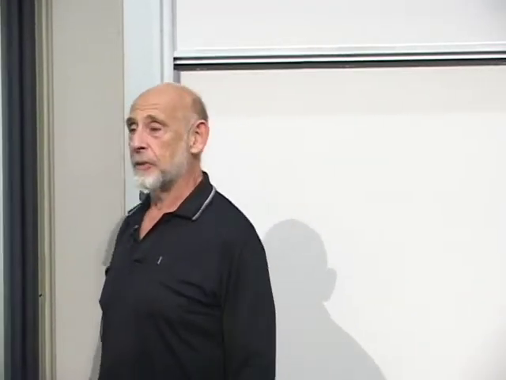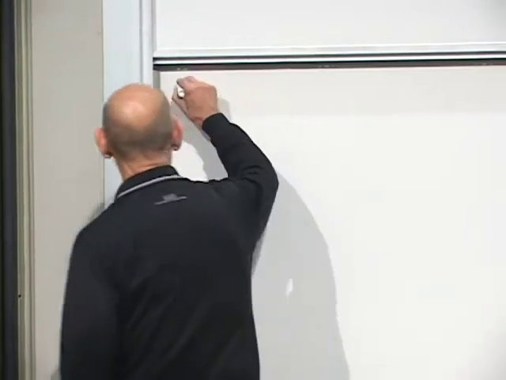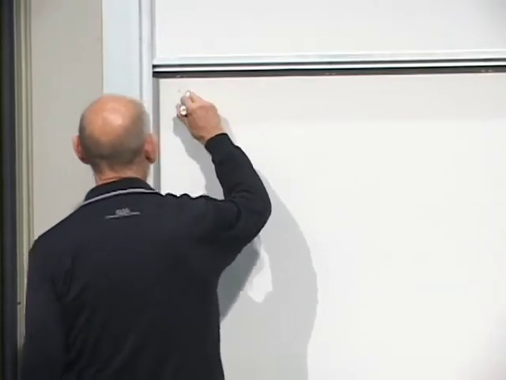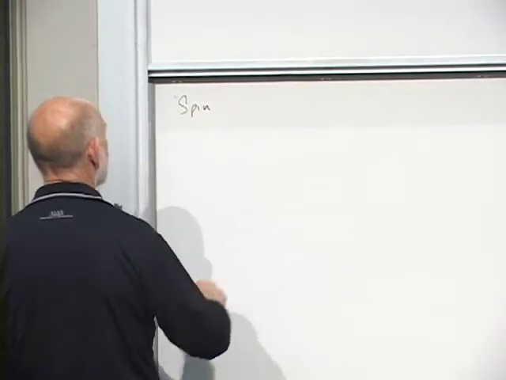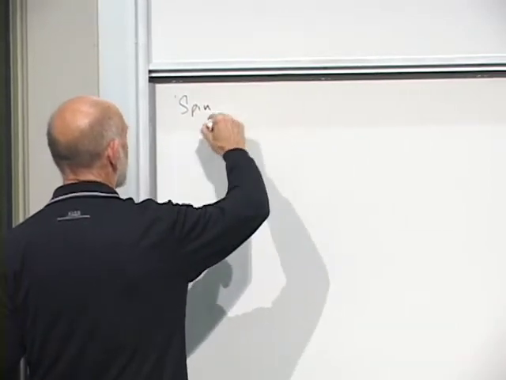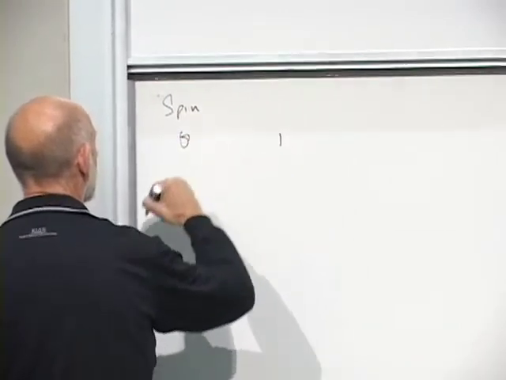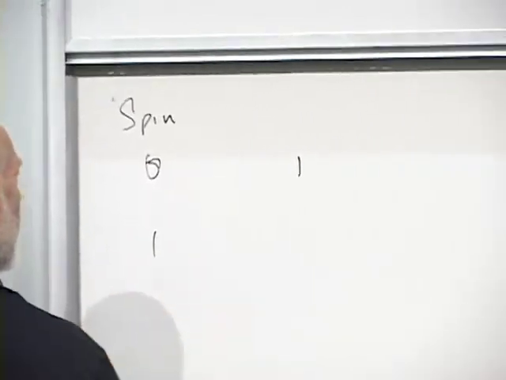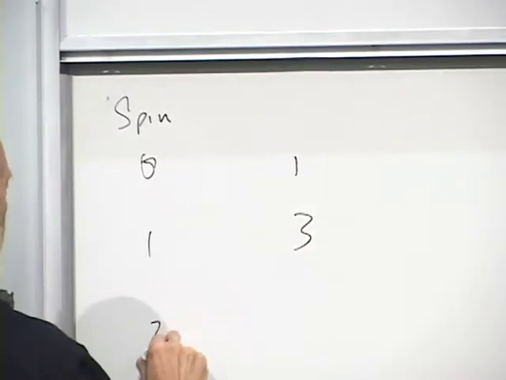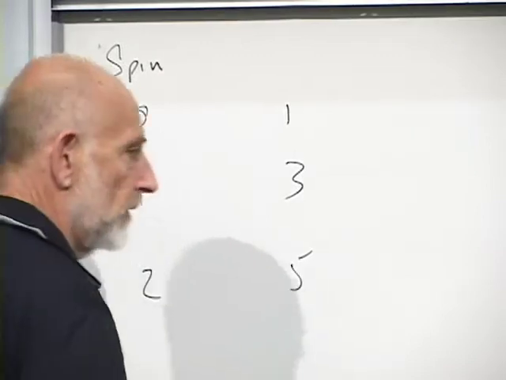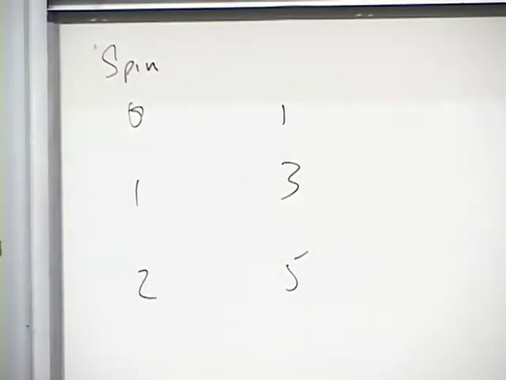Spin 0 has 1 state. Spin 1, 3 states. Spin 2, 5 states, and so forth.